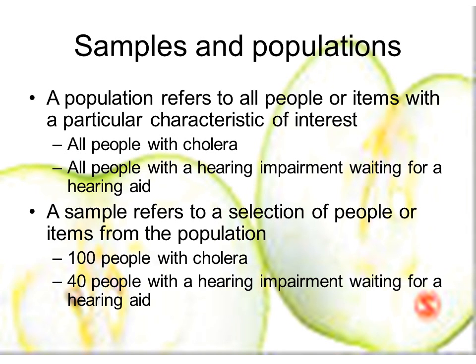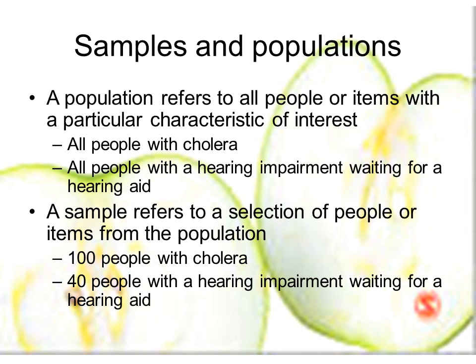Some general terminology that you will read when you're assessing different research projects and journal articles is they'll talk about a population. And basically a population, the definition from our book says, refers to all people or items with a particular characteristic of interest.